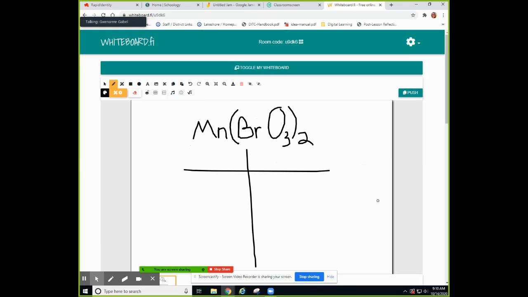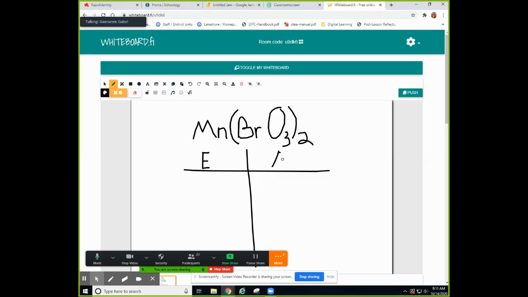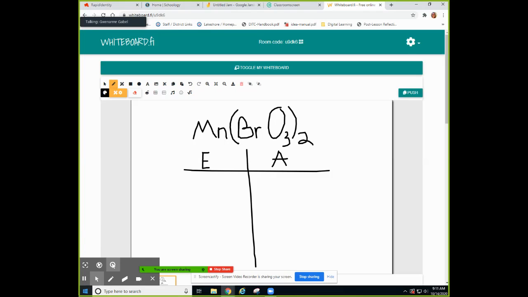All right. We're going to try a more difficult example for you guys. We have Mn parenthesis BrO3 parenthesis 2. What did I say about parentheses and subscripts? What do you do when you have a subscript outside of parentheses?